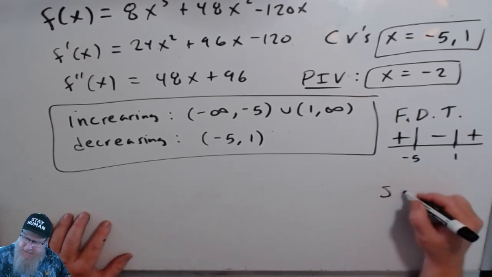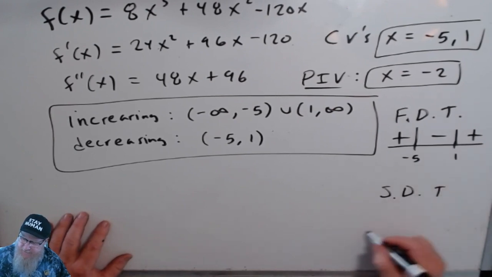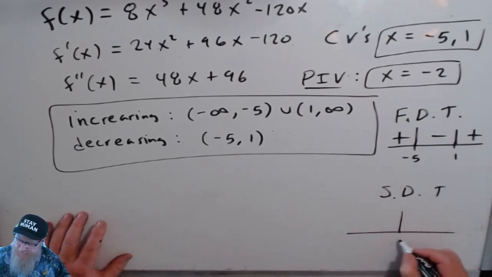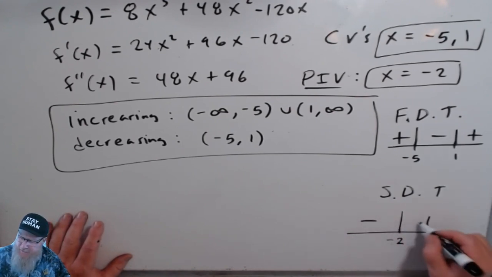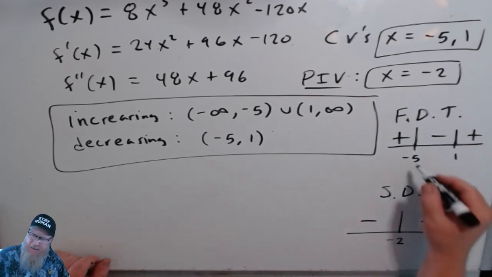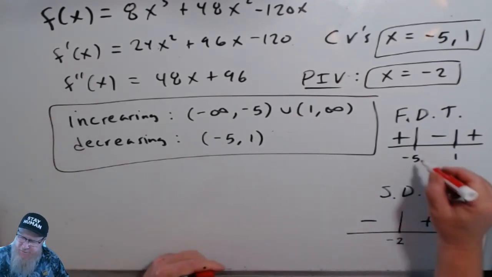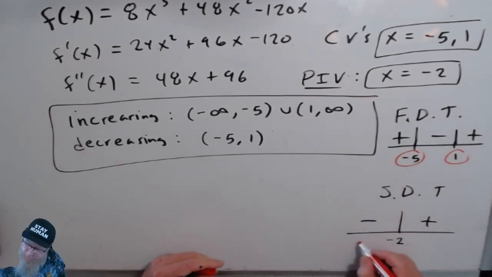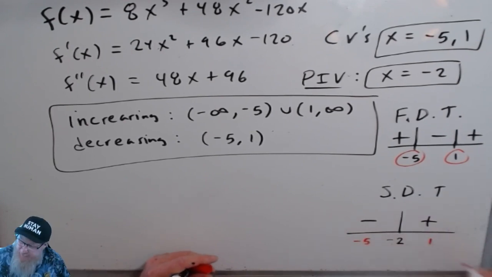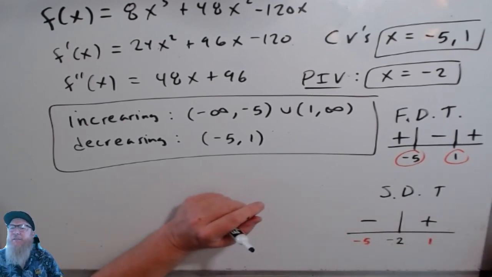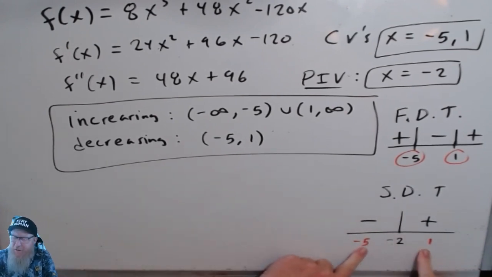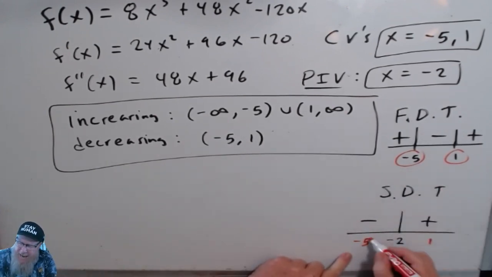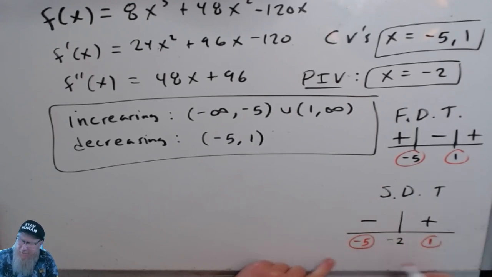Then we have the second derivative test. Which was negative positive. Now you take these numbers and you test them in the second derivative test. Now you are allowed to pick your own numbers, but you already have critical values.